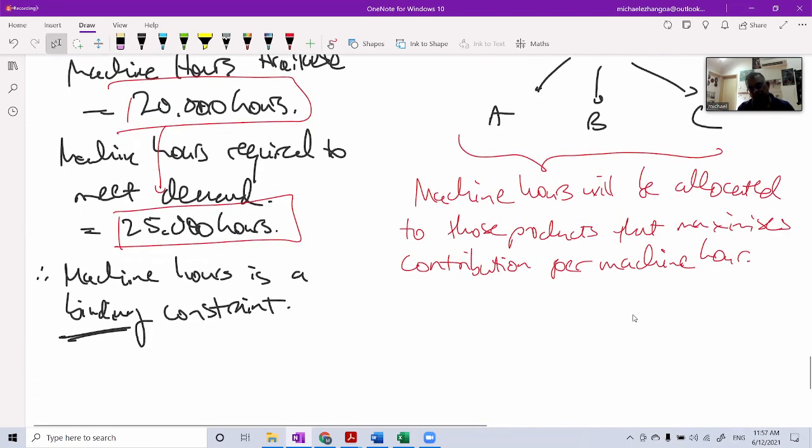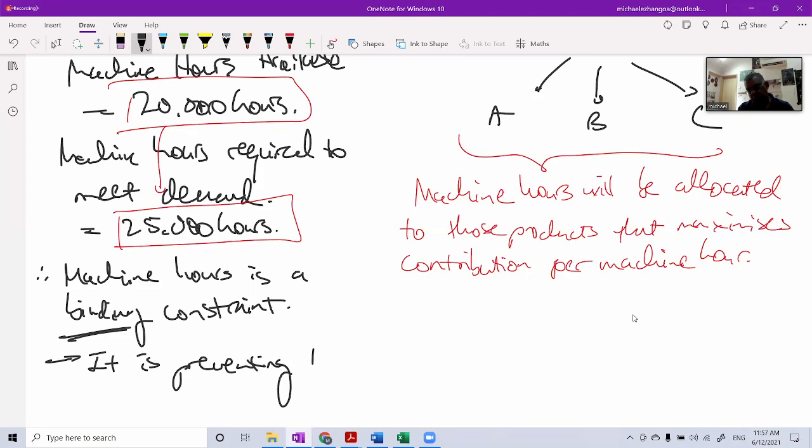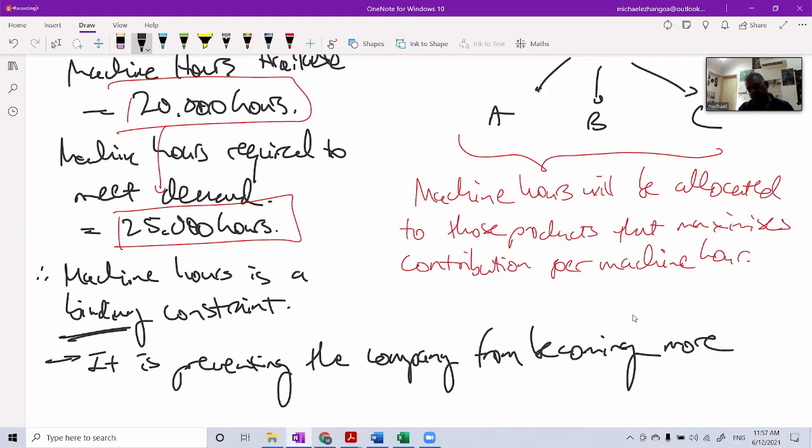When we say binding constraint, it is preventing the company from becoming more profitable.